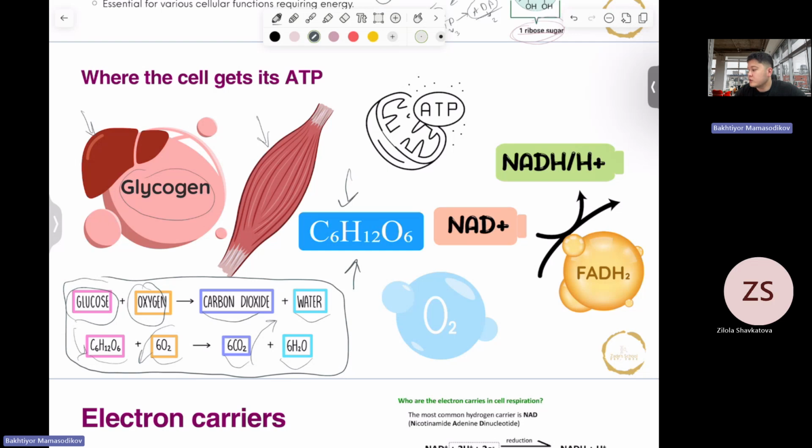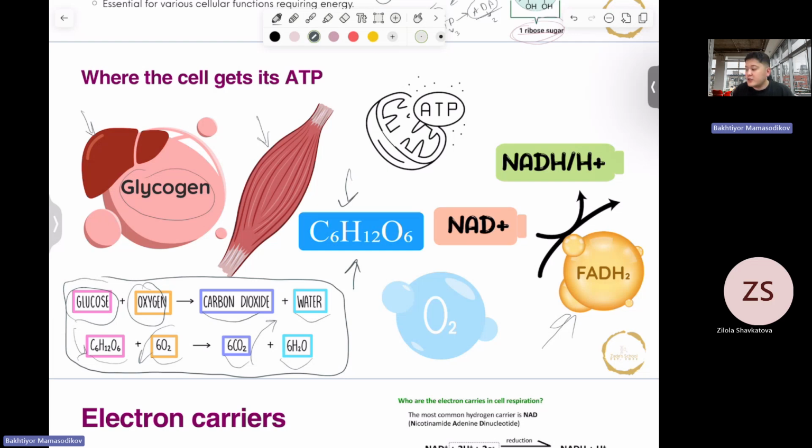So we also need the electron carriers for this process. What is an electron carrier? These molecules are like a bus. After the breaking down of the glucose, a lot of electrons are released outside. So we need special buses, special transporters which transport these electrons and use them efficiently.